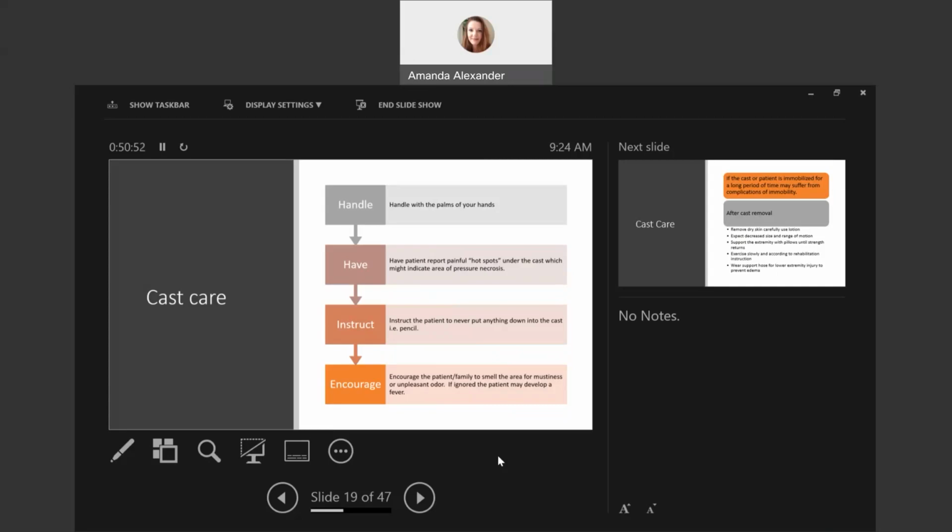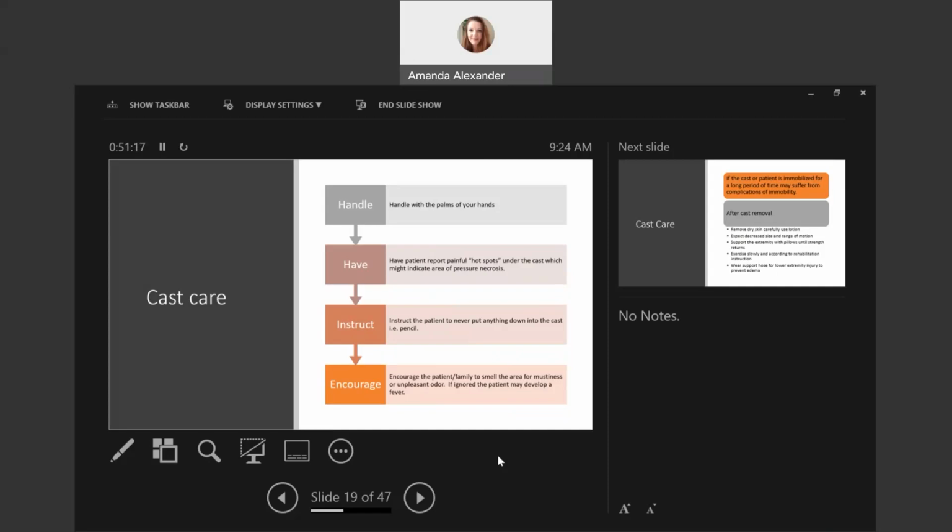If an open draining area exists, the primary healthcare provider will make a cutout portion of the cast known as a window, and this will allow assessment of the wound site. Always instruct the client not to stick objects down inside the cast. No scratching with clothes hangers.